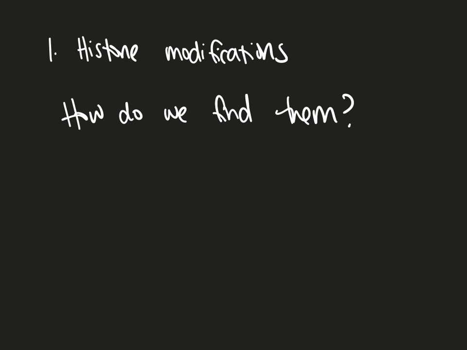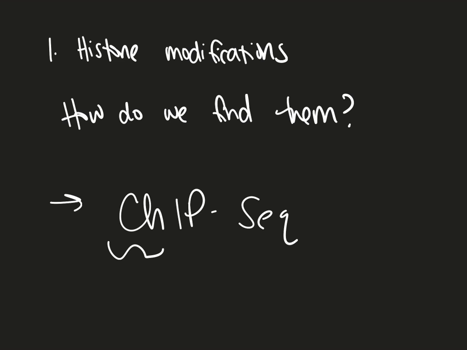And especially for this class, with these histone modifications, we're going to be concerned with how we find them. And so I am going to go over one example today, which is ChIP-seq. So ChIP-seq, this CH part here, oh, that was a really sloppy little sign. Let me redo that. So the CH part here is for chromatin.